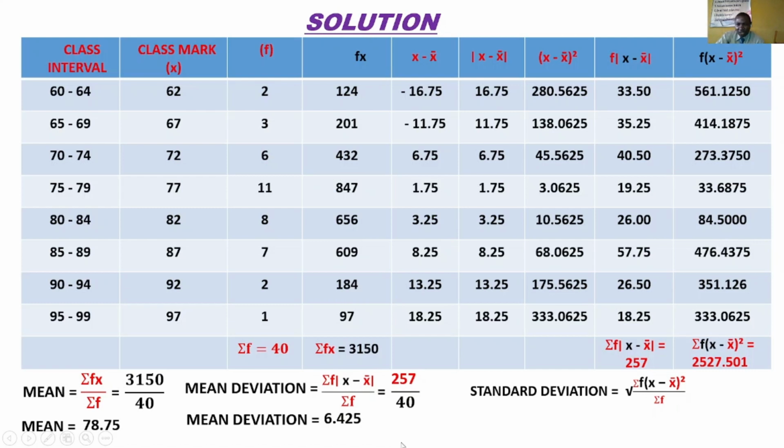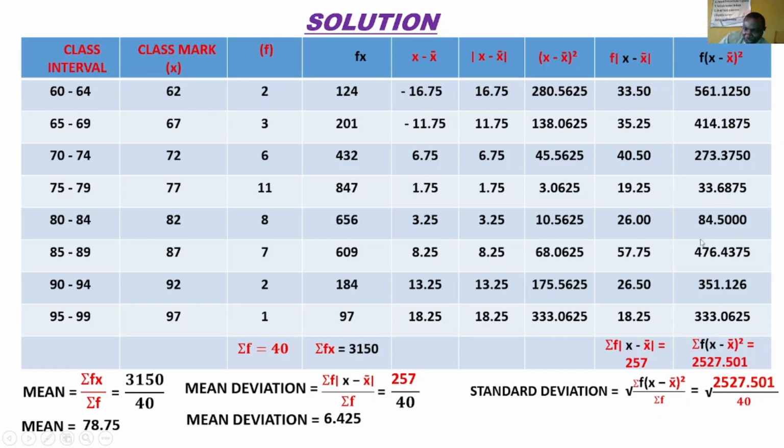Again, without the square root, it is for variance, and with the square root, it is for standard deviation. I had to do it like this because of space and time. Now, if we plug the set of values we have on the table into this formula, we are going to have the square root of 2527.501 over 40.